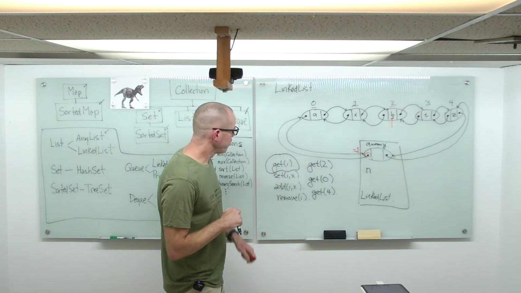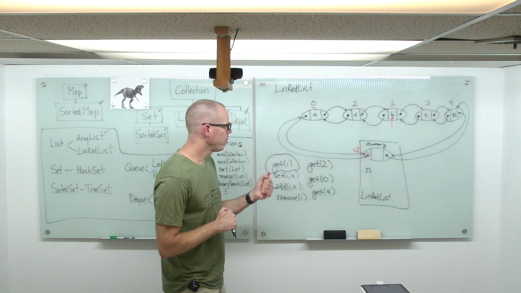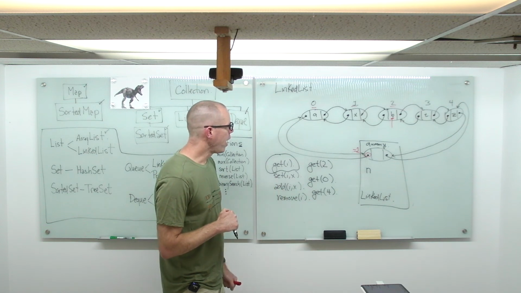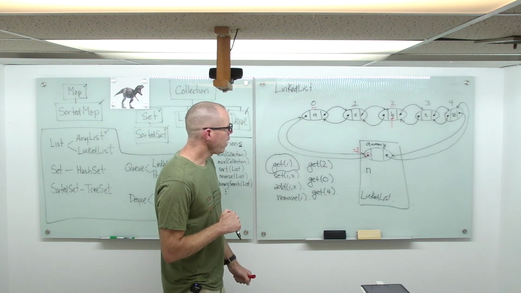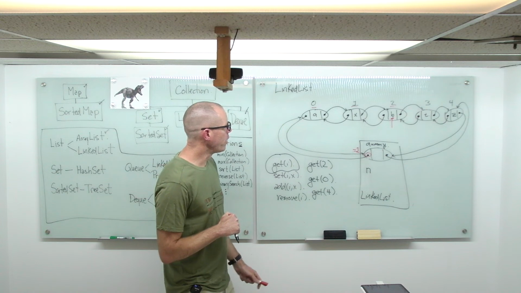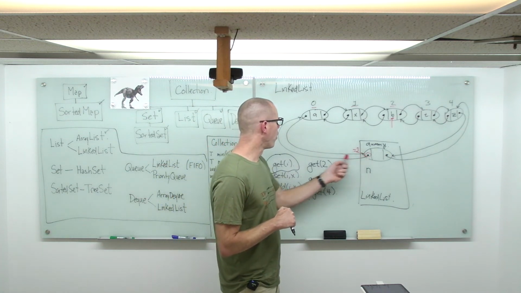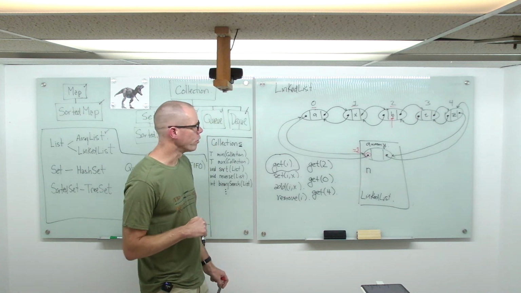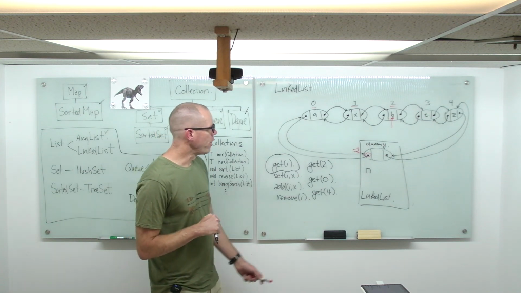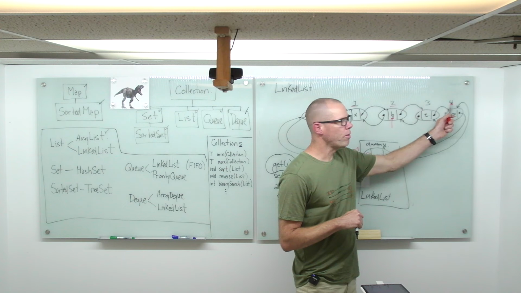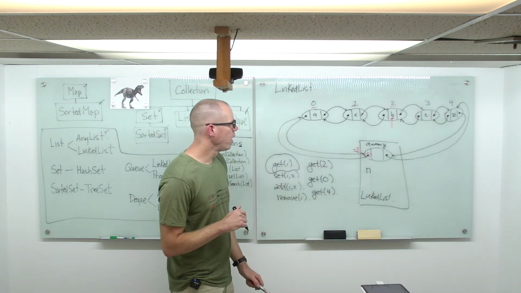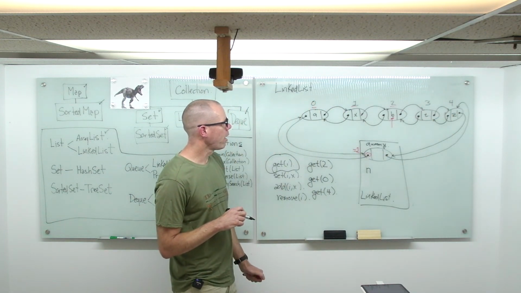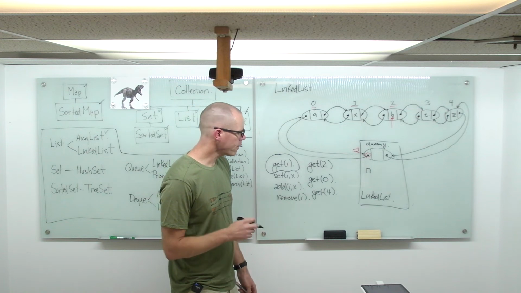So when you ask me to get node I, I look at those two things, and I decide whether it's faster to go forward from the beginning, so that happens if I is less than or equal to n over 2, or whether it's faster to go backwards from the end, and that happens when I is bigger than n over 2.